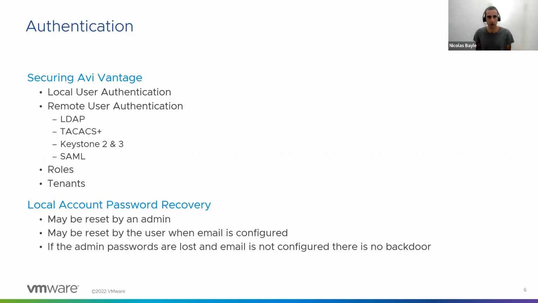There is no backdoors, there is nothing like this in the AVI controller. So this is why make sure that you are configuring more than one admin account. Make sure that those admin accounts are specific for each individual in the team. And as it's mentioned in the slide here, you can also reset your password by configuring your email, right?